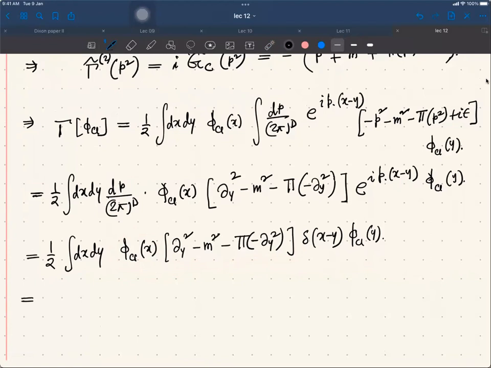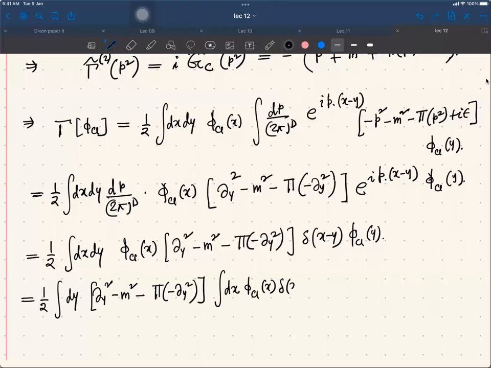If you do that, then I will have 1/2 dy, then [∂_y² − m² − Π(−∂_y²)] acting on integral dx φ_cl(x) δ(x−y), times φ_cl(y).